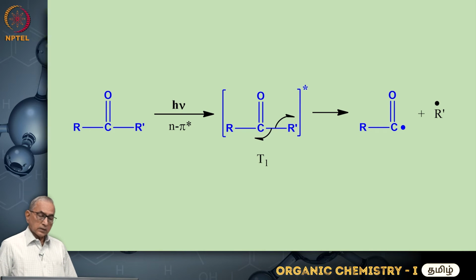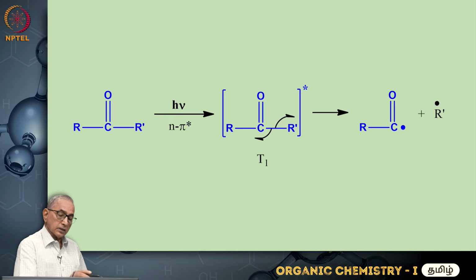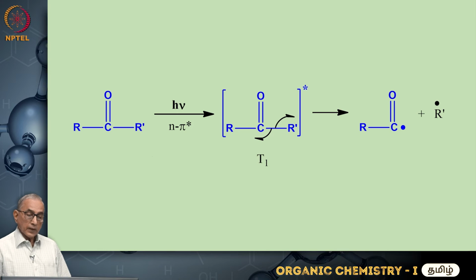Now, the reactions that take place with this: you have a ketone, you excite it with light, you have an n to pi star transition. That means n is the electron on the oxygen, that is, there are two lone pairs of electrons. An electron from one of the lone pairs gets excited and forms this excited state. The excited state has a single electron.